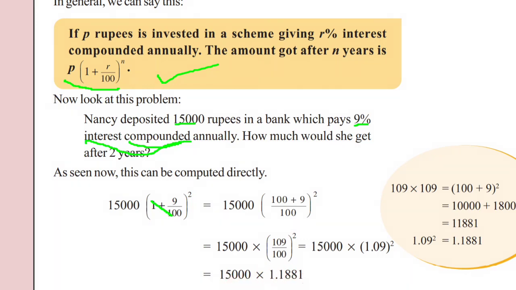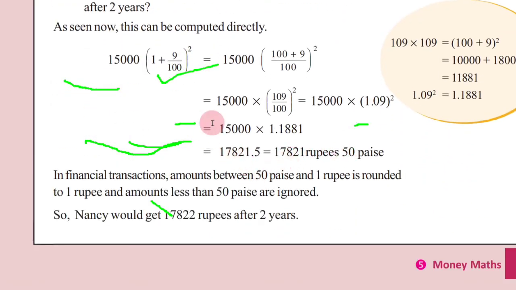Okay, 1.1881, that is 15,000 into 1.1881 is equal to 17,821.5. Okay, that is approximately, or 0.5 means it is 50 paise. So here the amount he got after 2 years is equal to 17,821 rupees and 50 paise.